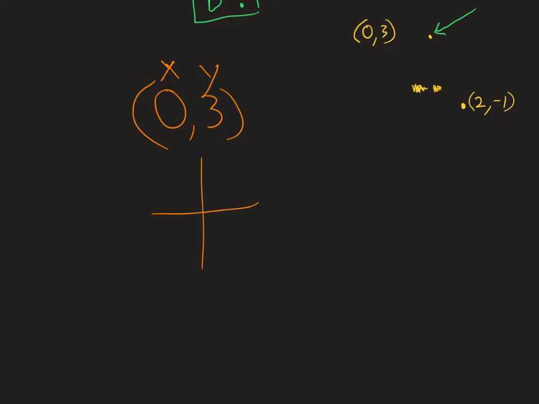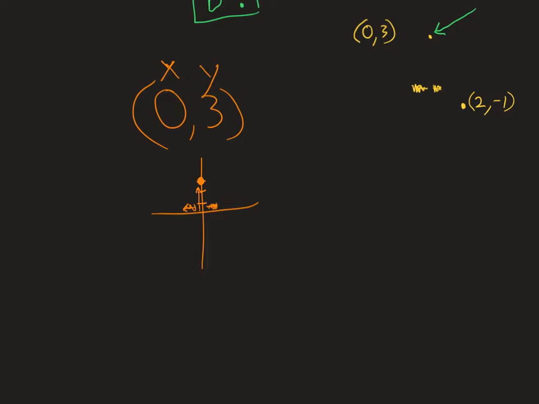What that tells us is if you were to graph that point, just like I talked about a minute ago, you're not going right or left for the x value, you're just going directly up. An x value of 0 means you stay right on the y-axis, and you put your point right there.